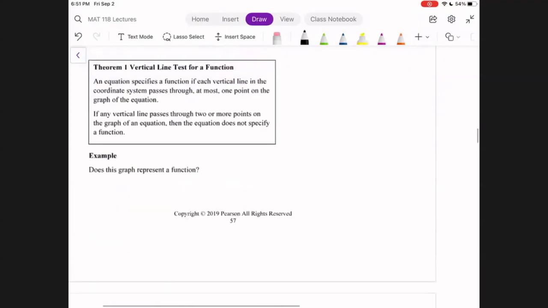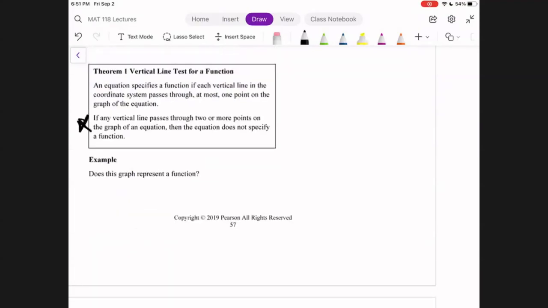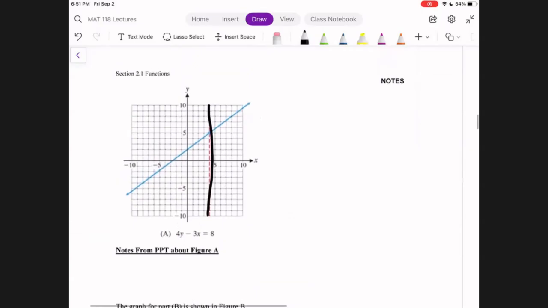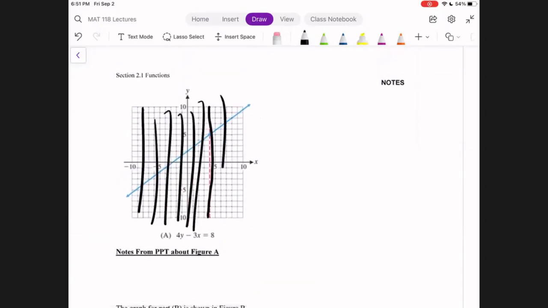You can look at this math problem here. What does the vertical line test say? If any vertical line passes through 2 or more points on your graph, then it's not a function. So if I draw as many vertical lines as I can, all of them only hit my original graph once.